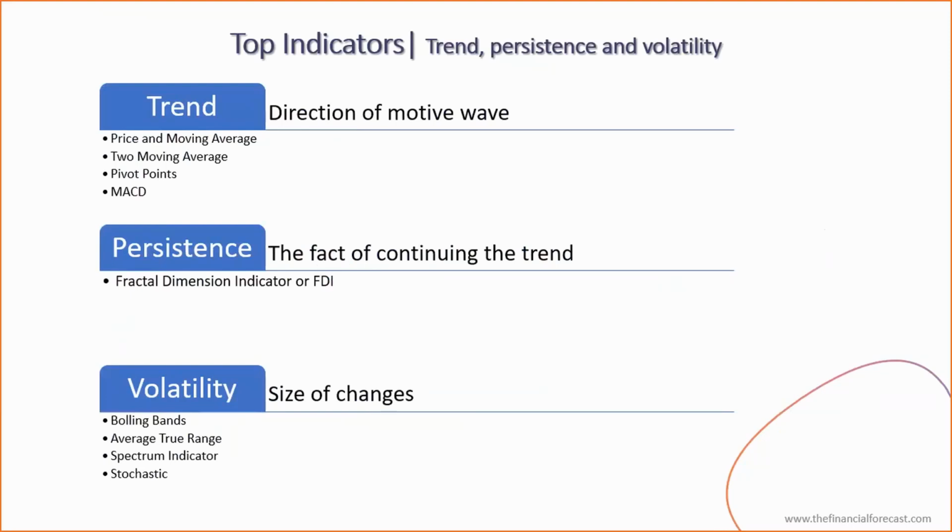Then for persistence, we have the FDI, that is a fractal dimension indicator. And for volatility, we can use Bollinger Bands or the ATR or the spectrum indicator, that is a proprietary indicator we have in the financial forecast, and also the stochastic. Yes, we will use these ones to complete the picture of that pattern.